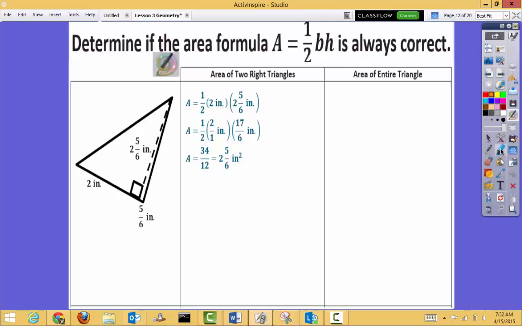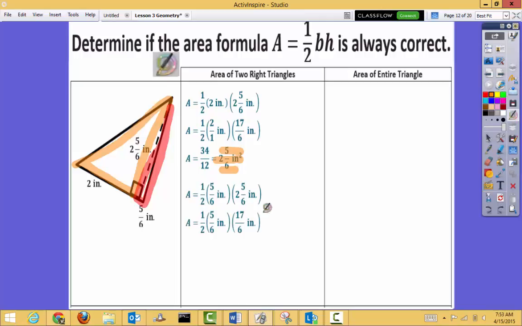My area of this triangle, the big one, is 2 and 5/6. My area of what? This smaller triangle, super skinny triangle, well, that's also going to be an area in fractions. It's going to be 1 and 13/72.